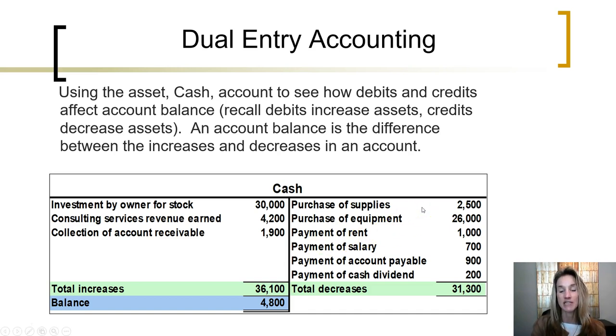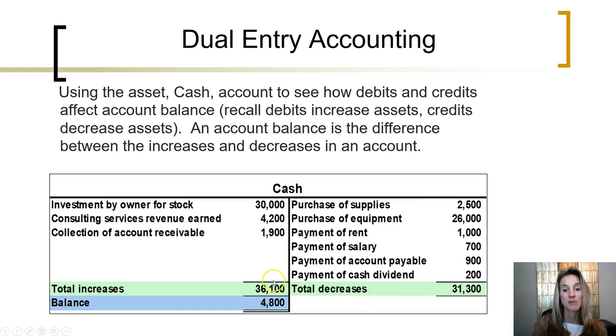Over on this side of the T account, we are seeing that supplies purchased, equipment purchased, rent paid, salaries paid, an account payable liability paid, and cash dividends were paid. All of these are reflected as credits to the cash account, indicating that when each of those transactions was recorded in the accounting system, a credit was posted to the cash asset account, reflecting and causing a decrease to that cash.